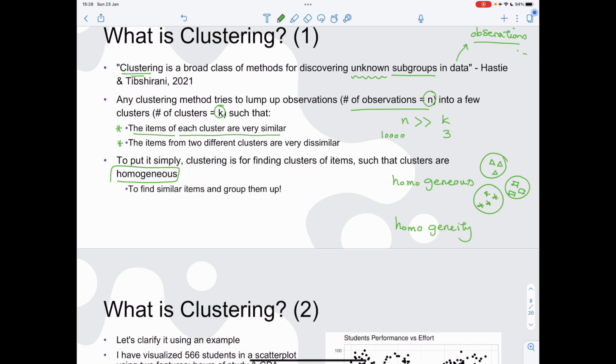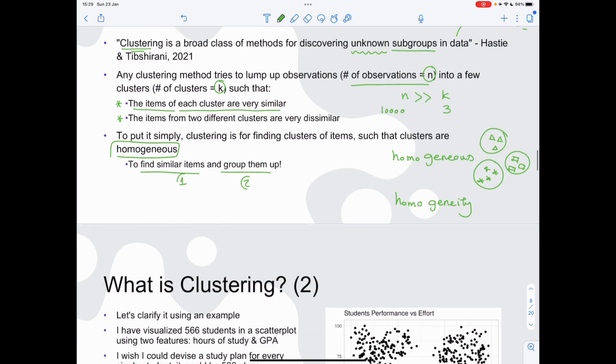When I'm talking about homogeneity, I'm talking about the whole story: how good is this clustering done? So let's focus on what we have here. To put it simply, clustering is for finding clusters of items such that clusters are homogeneous, to find similar items and group them up. So we want to find the similar items first, and group them up, put them in distinct groups.